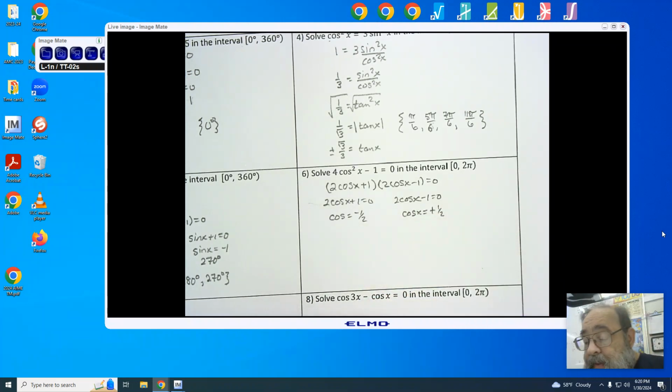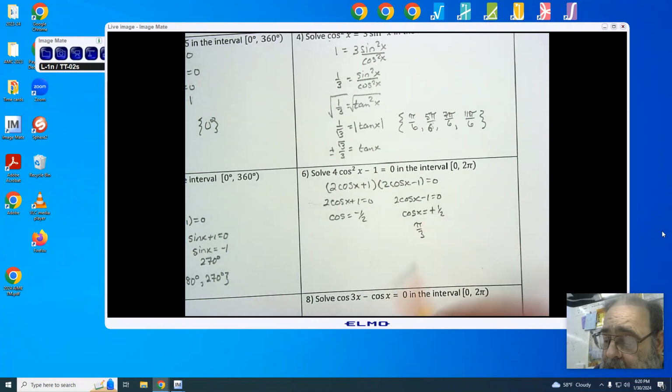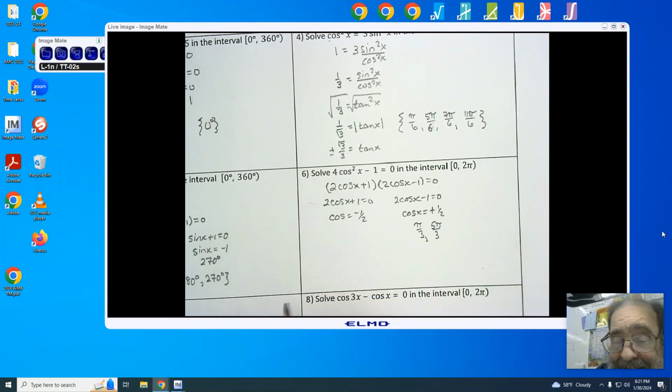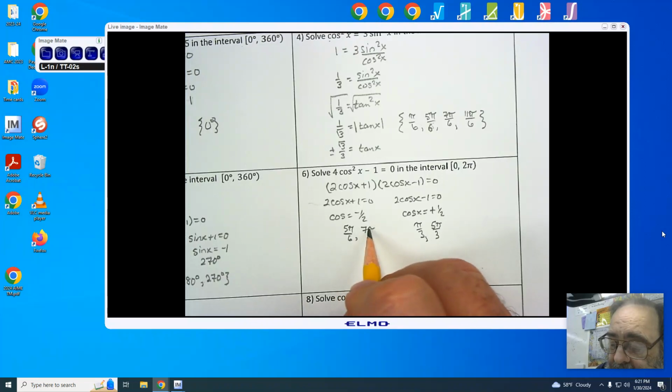I'm now going to stop and think about the positive 1/2 first. We know that this has a pi over 3 reference angle, and we want to find it also in the fourth quadrant, which is 5 pi over 3. Then we want to find the negative. This is going to give me 5 pi over 6 and 7 pi over 6.